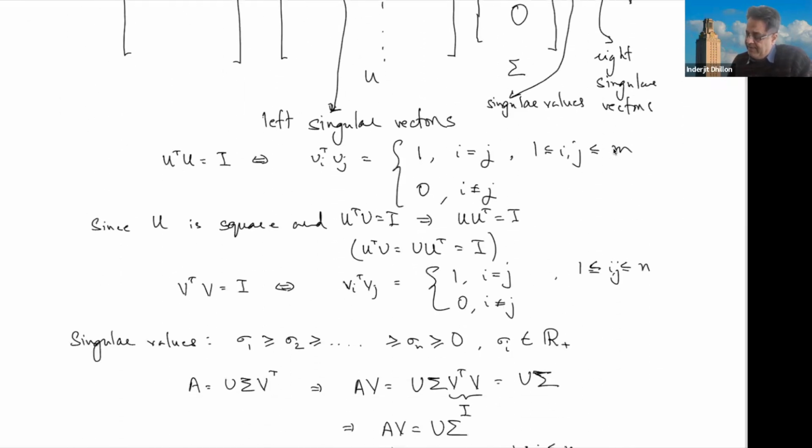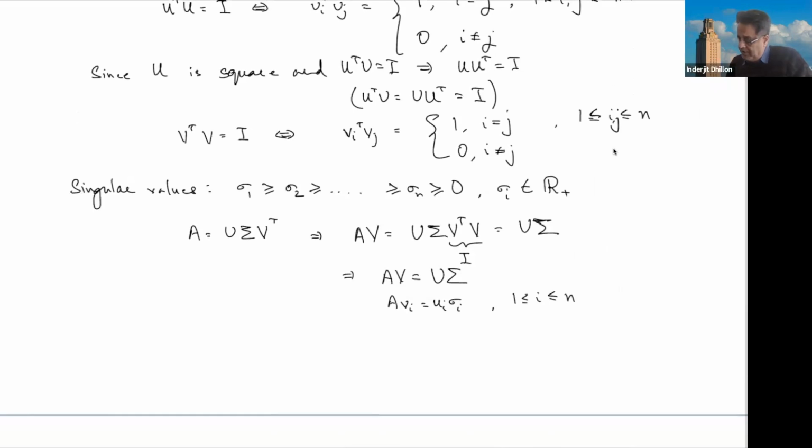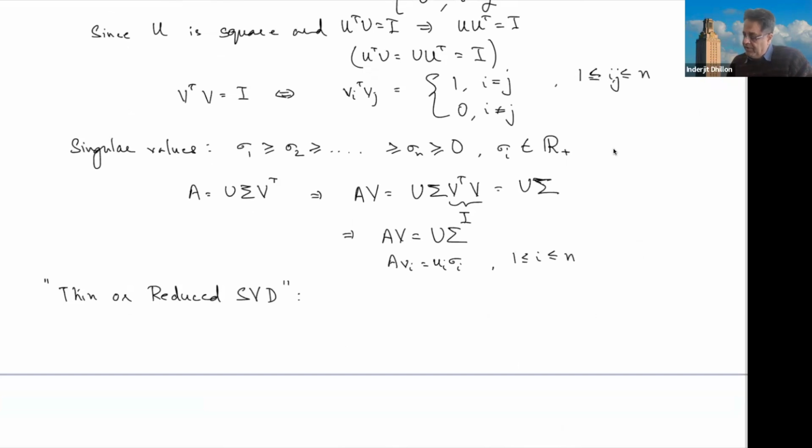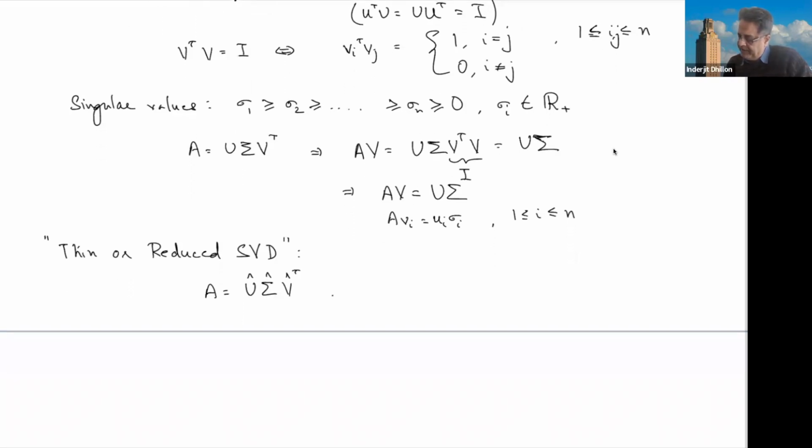Okay? And when you have the full SVD, there's something called either the thin or reduced SVD. Okay, and that's the following. Thin or reduced SVD is A equal to, so that you are clear that this is a different U and sigma, I'll just write it as U hat, sigma hat, V hat transpose.